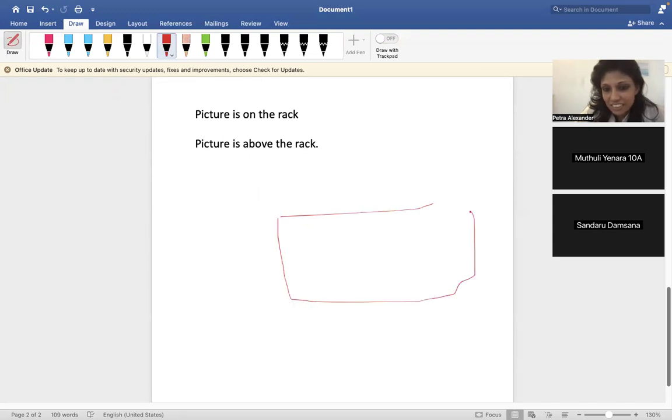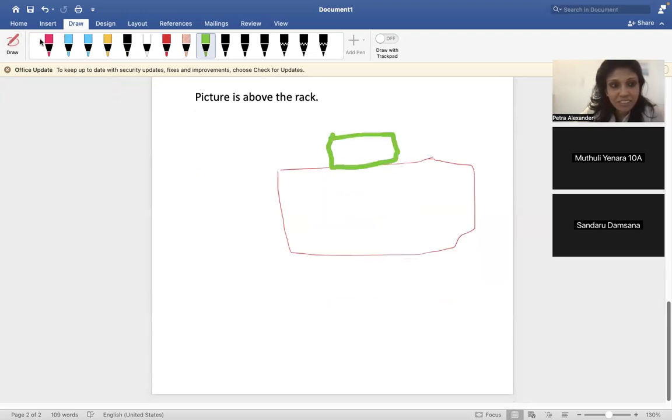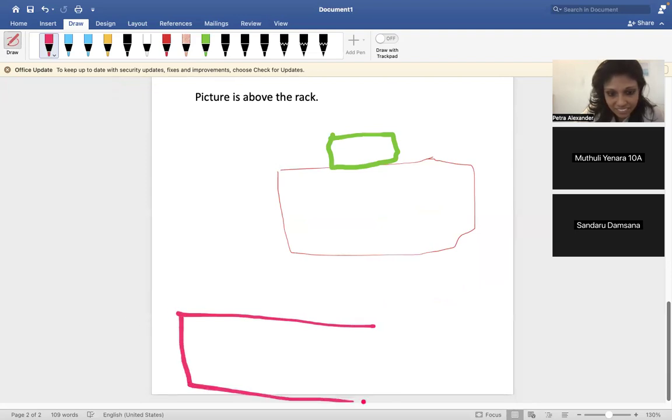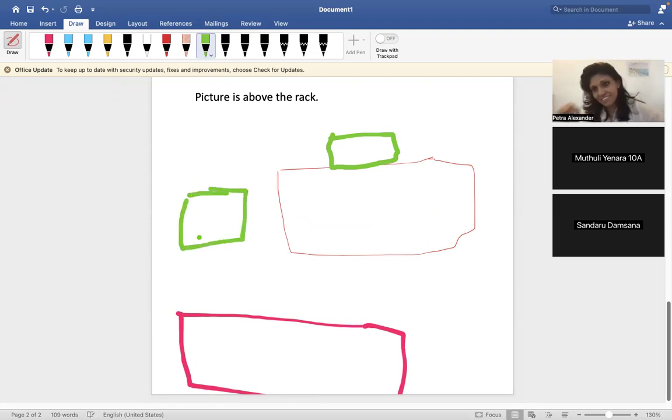දැන් හිතන්න, this is the rack, right? And this is the picture. So picture is on the rack means rack එක උඩ මේ වගේ. Above the rack means, this is the rack and picture is on the wall ඉහළින්. Wall එකේ the rack like this and the picture is ඉහළින් තියෙන.